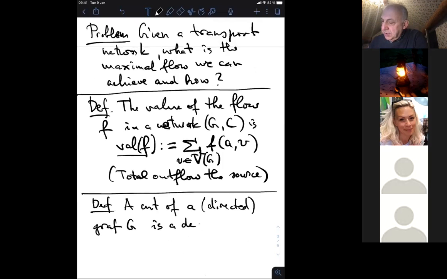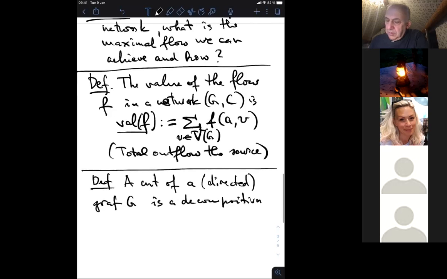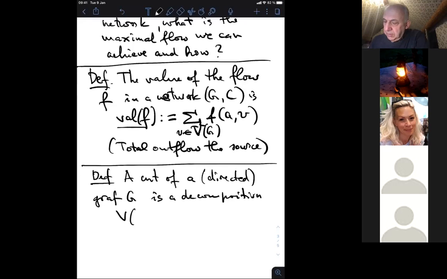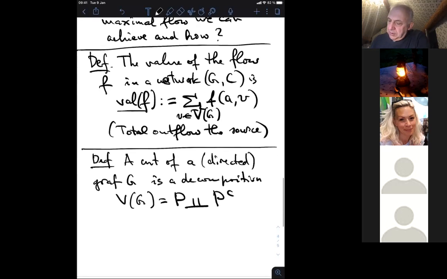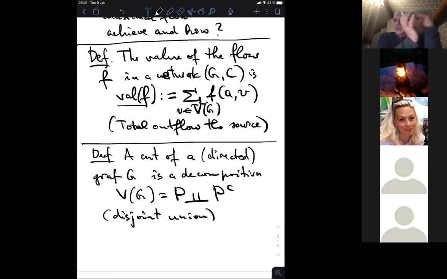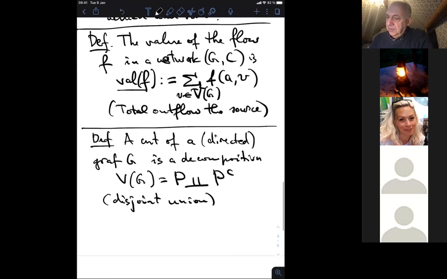It is a decomposition V of G equals two disjoint sets P and P complement, so the disjoint union. We take one subset of vertices and the rest of the vertices go to P complement.